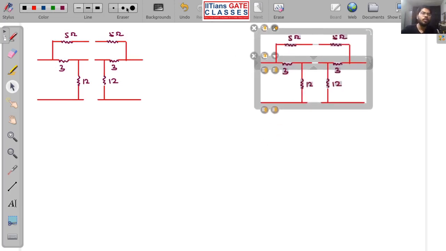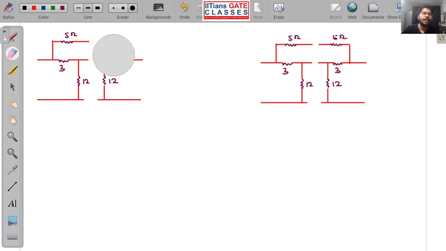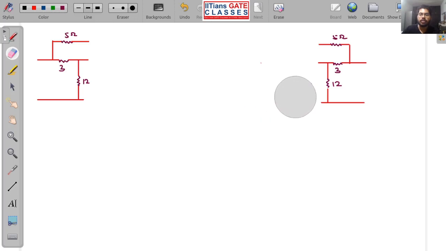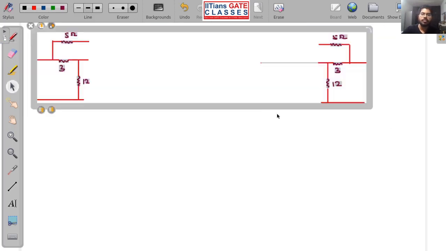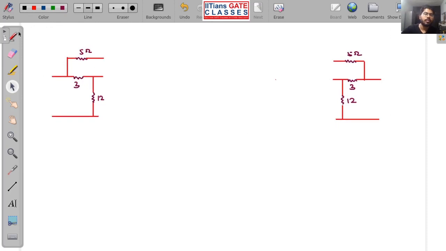Now what I am going to do, I am going to calculate ZSC and ZOC. Okay. So let me do that. First, calculation for ZSC.